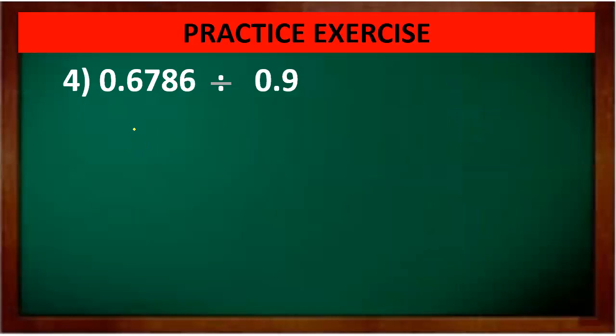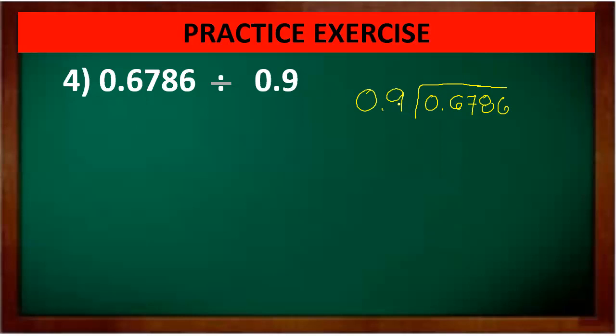So let's have another example. Now, in this example, we have 0.6786 divided by 0.9. So, if you have noticed, mas malaki yung divisor natin kaysa sa dividend natin. So, let's proceed and divide this. 0.6786 divided by 0.9.